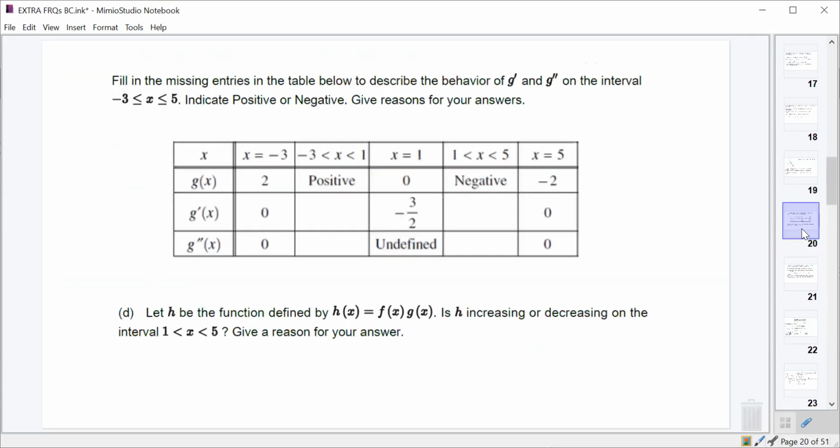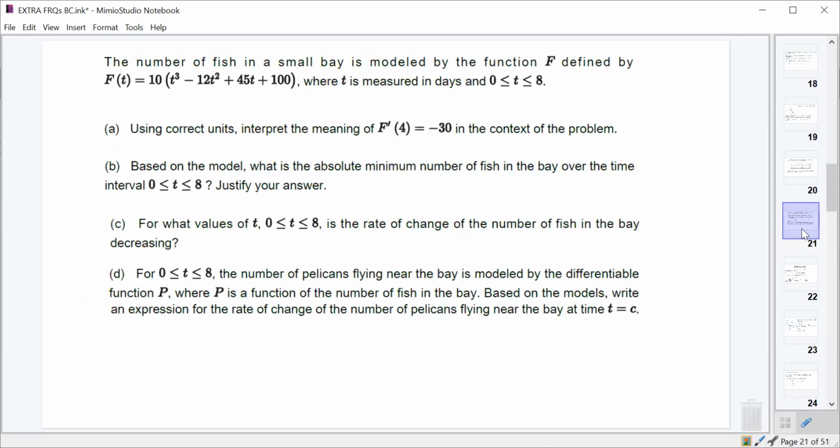They don't show up a ton. I know of one. Where is that one? Give me 1 second, and let me see if I can pull one up. I think I have one. While I'm doing that, Ben, I would say more often than not, the polar area problems show up in the calculator section. But there have been ones in the no calculator section, I believe, if I'm remembering correctly.